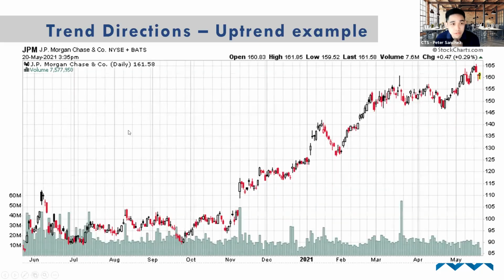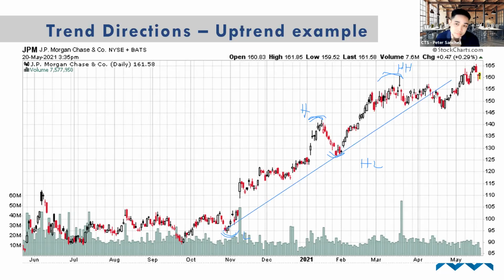Next, another example. We have JP Morgan. Same thing. Logically speaking, we have a low, high, higher low, and a higher high. Okay. To make a trend line, we have 4 points, we connect the lows.